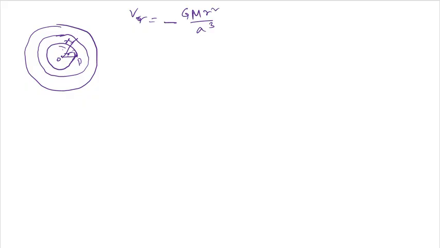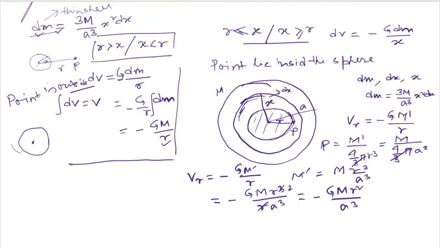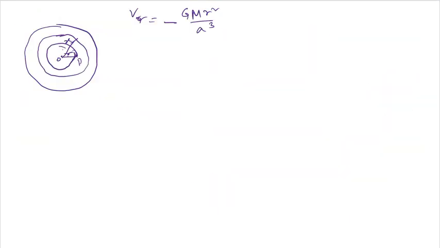For the solid sphere we have already calculated it, like when r is greater than a. So if r is greater than x, it will be GM by r, or if it is on the surface, then it is GM by x or GM by r, whatever. So here we can say this is minus G M r square by a cube. This is the potential at the point due to the solid sphere inside.